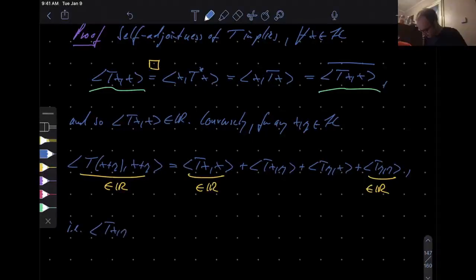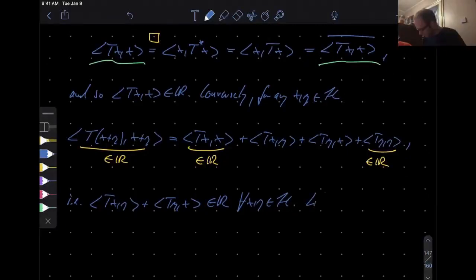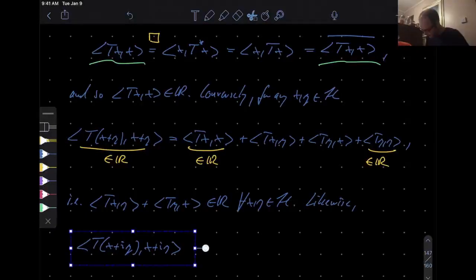So Txy plus Tyx is real for all x, y in the Hilbert space. All right. Likewise, and now you see why I need that we are in a complex setting here, because I need the imaginary unit, right? That should be contained in my underlying scalar field, and that's not happening if you're over the real number field.